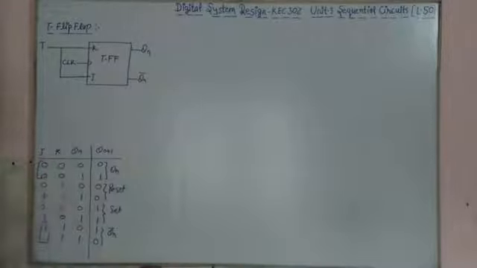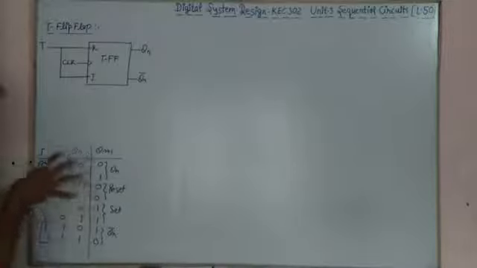So these four combinations from this truth table will act as a T flip-flop. The truth table of the T flip-flop exists in the JK flip-flop.